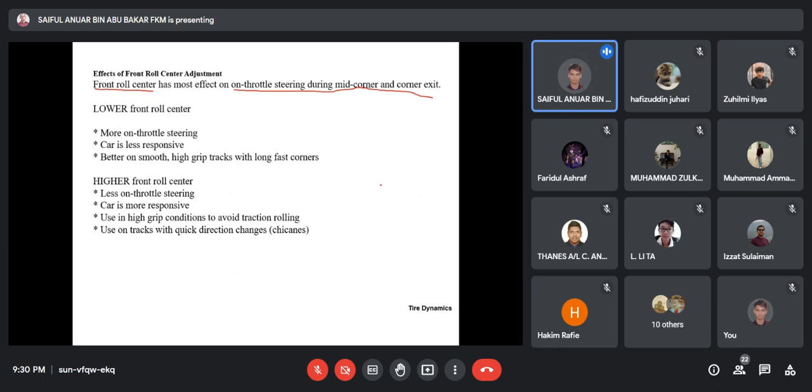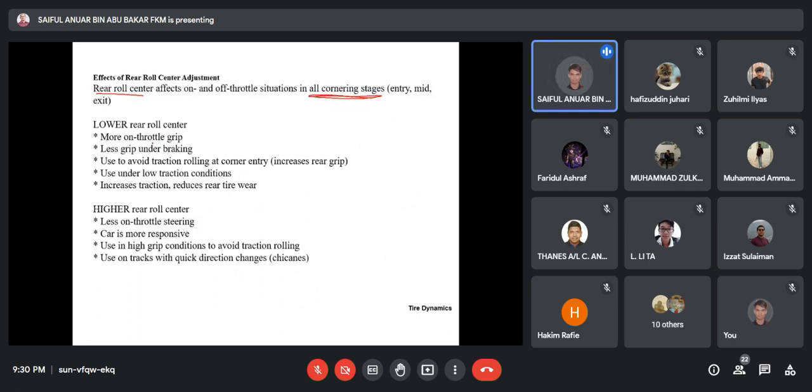If the roll center is higher, they're going to have this kind of characteristic. If it has a lower front roll center, it's going to have this kind of characteristic. Same goes for the rear. Usually for the rear, we only tune for the racing car, not for the passenger vehicle. So this is the characteristic if you do the tuning for the roll center.